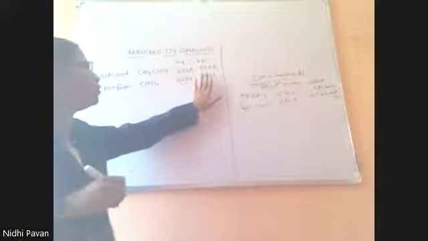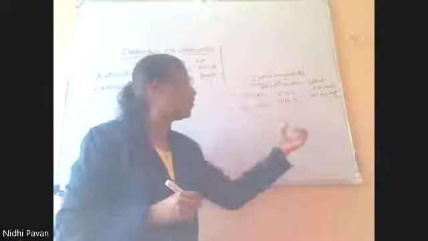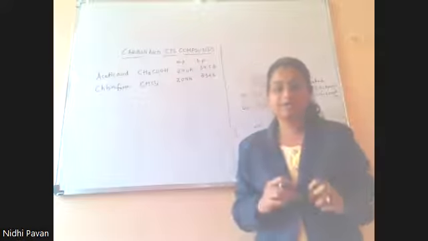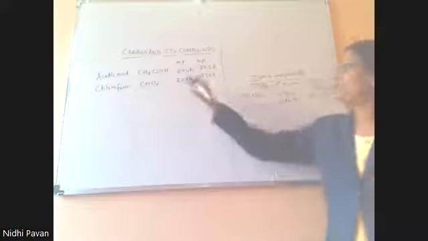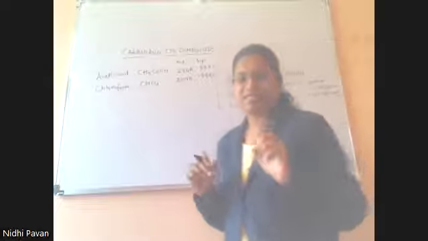So when you compare the melting points of carbon compounds and ionic compounds, you will get to know that the melting points of carbon compounds are low. So the first property is that carbon compounds have low melting and boiling points.